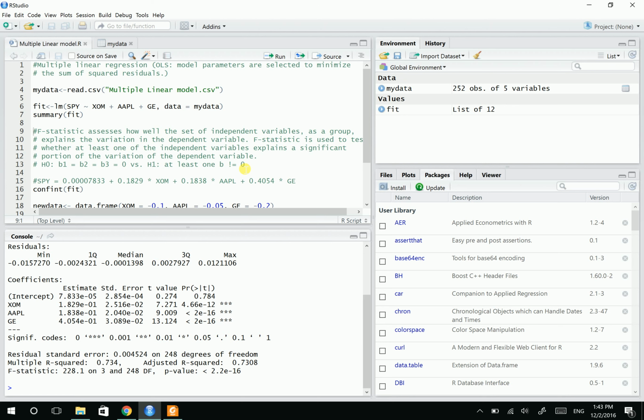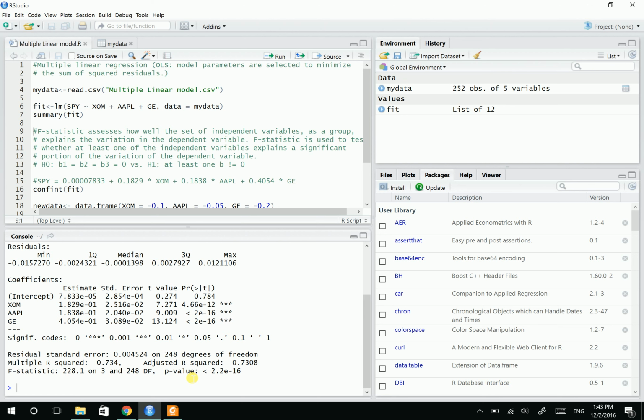Okay, the second part, we're going to look at the R square here. I know you guys know R square. R square is the portion of the variation in the dependent variable explained by the independent variables. As you know, the more independent variables you put in the regression, the higher R square is going to be.